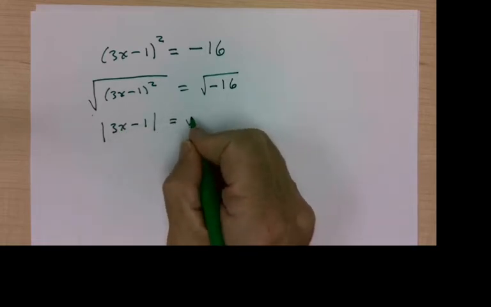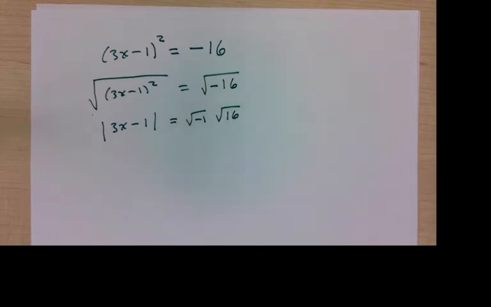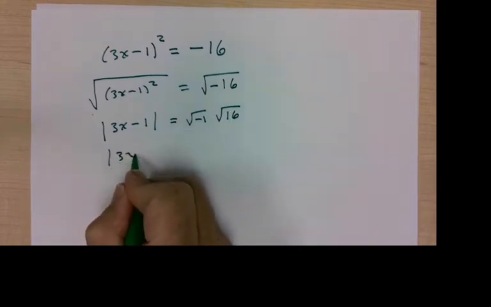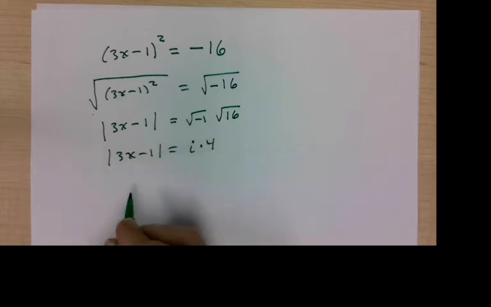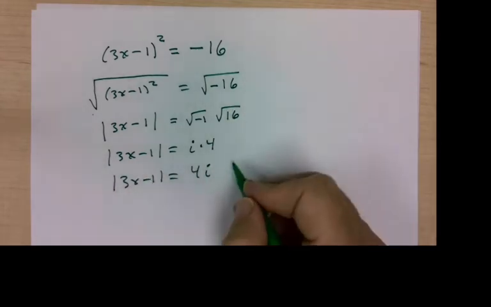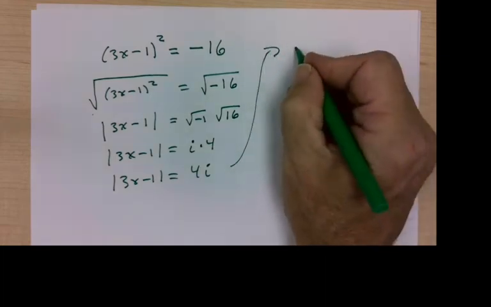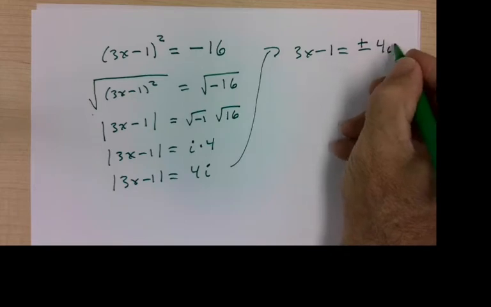The right-hand side is the square root of negative 1 times the square root of 16. So in a sense, we get the absolute value of 3x minus 1 is i times 4, which would tell me 3x minus 1 is plus or minus 4i.